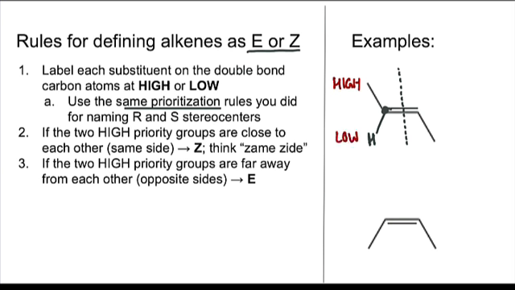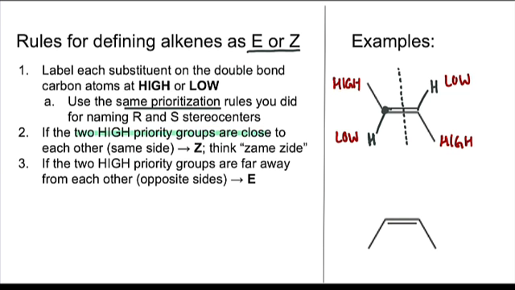And we do the same exact thing on the other side. Draw in the hydrogen if it helps, but what we're seeing there is that we have a high priority down here and low priority up there. Then you take a look, rule number 2, and see if the two high priority groups are close to one another, or on the same side of the double bond.